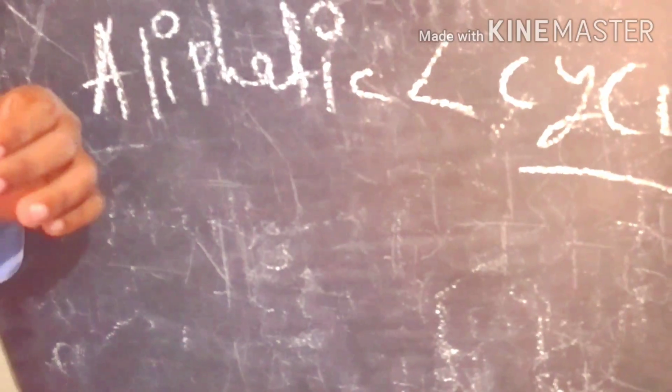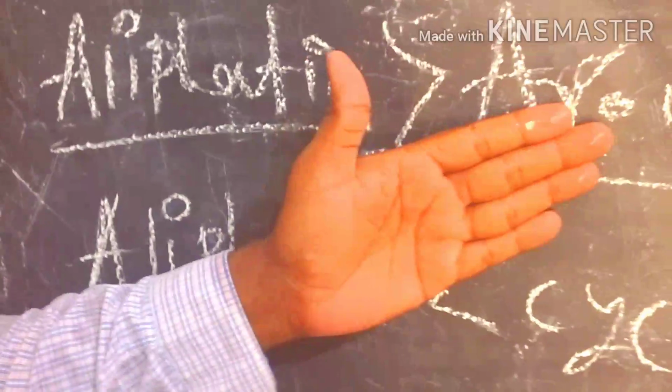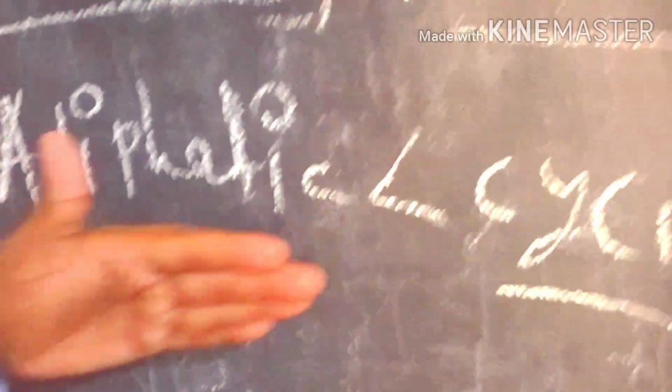So these are the reactivity orders. Compared to ketone, aldehyde is more reactive. Compared to aromatic compounds, aliphatic is more reactive. Compared to aliphatic, the cyclic compound is more reactive. So this is the reactivity order of the carbonyl compounds.